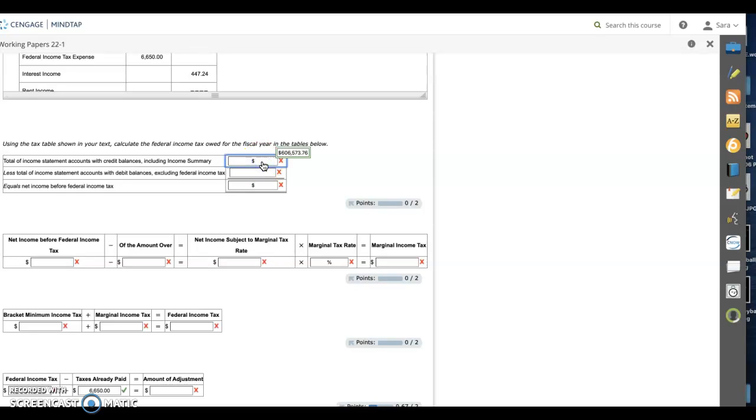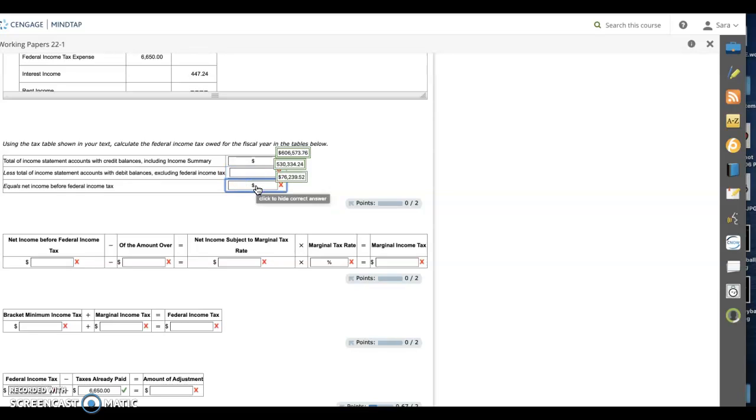Okay, so this first one is $606,573.76. And then our debit balances are $530,334.24.